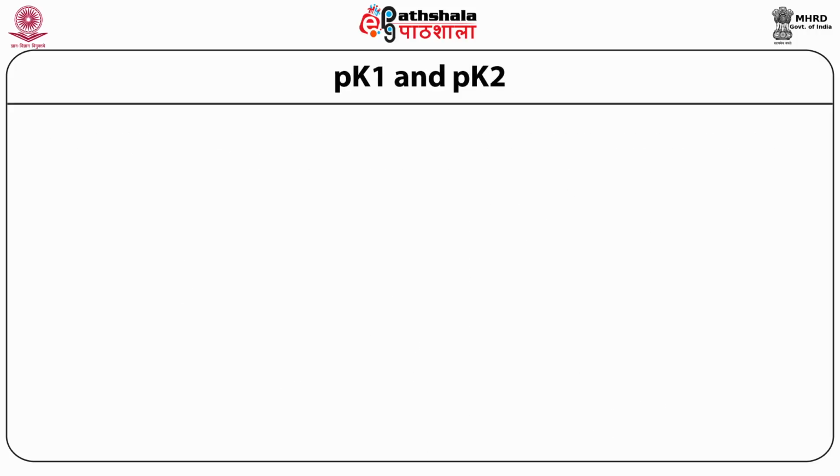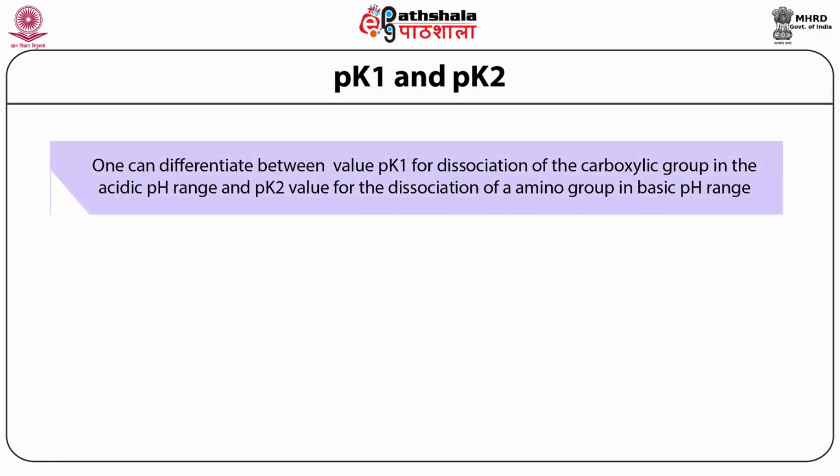There are two different values of pK, pK1 and pK2. One can differentiate between the value pK1 for dissociation of the carboxylic group in the acidic pH range and the pK2 value for the dissociation of the amino group in the basic pH range.